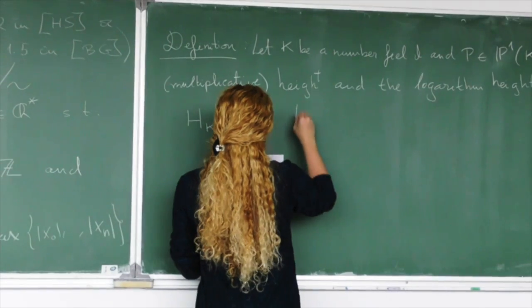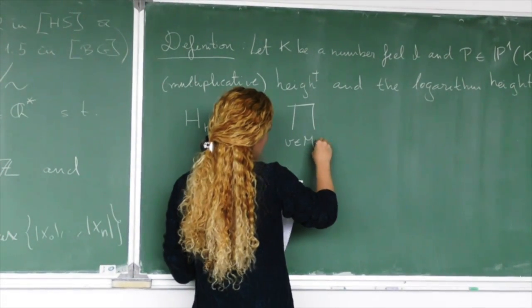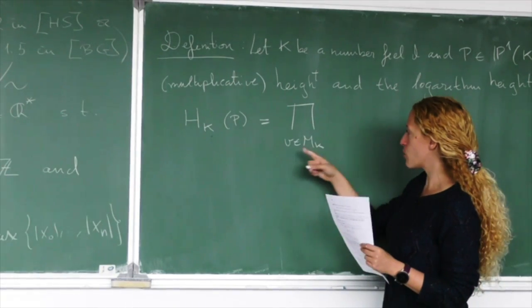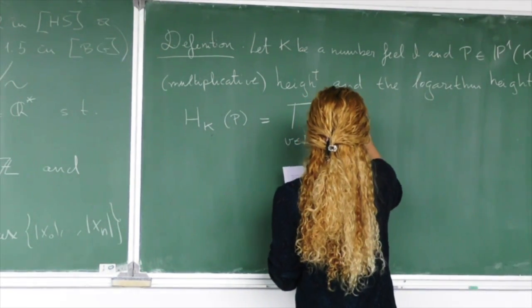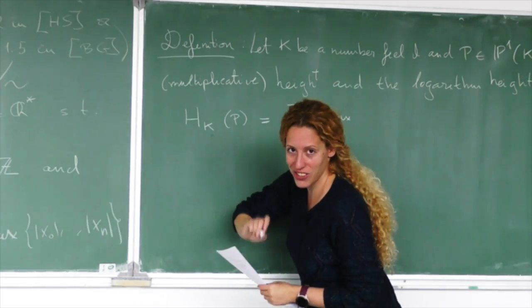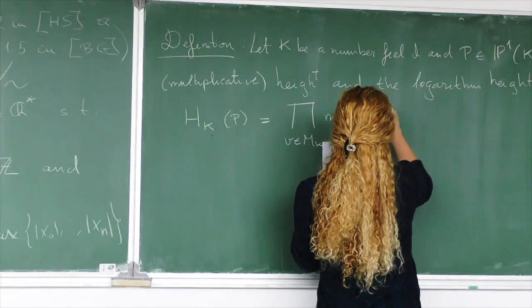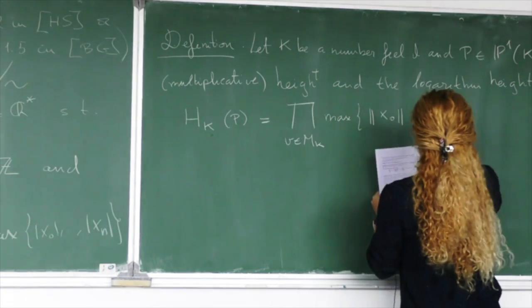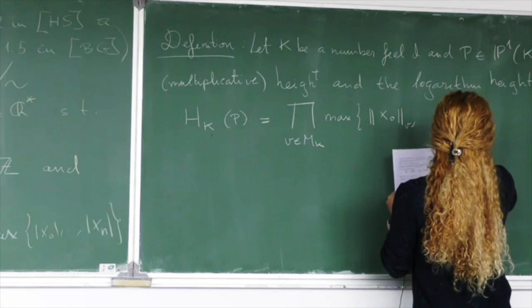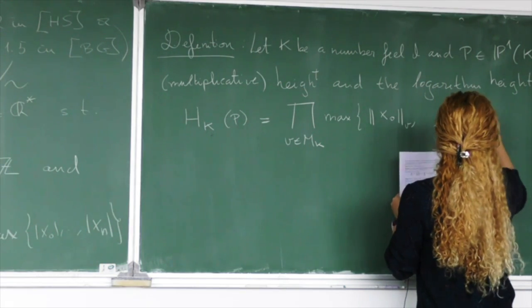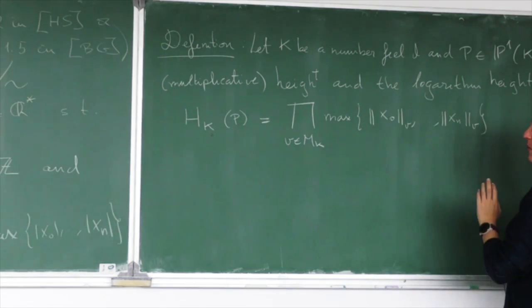So this is by definition equal to the product, where the product runs through all the valuations of the field, of the maximum, so basically I'm getting the motivation that I gave here, and this time let me take the normalized absolute value of this thing. So this is the first definition, for the multiplicative height.